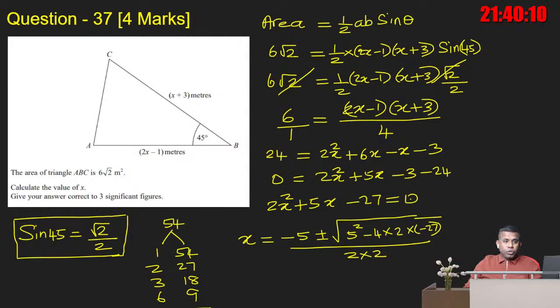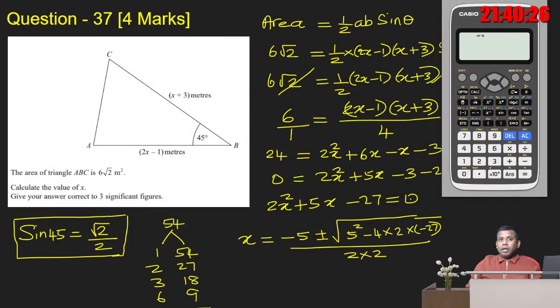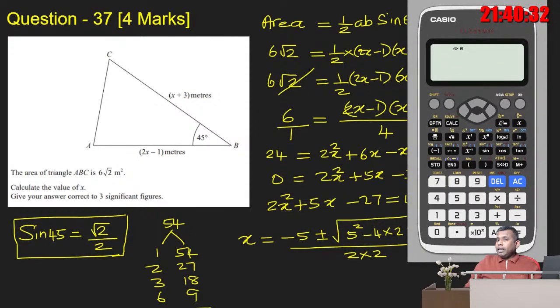Give me 1 second, I'm using my scientific calculator. Then I will show you the easiest way to do that question. This is my scientific calculator. Let me enlarge it a little bit so you can see.